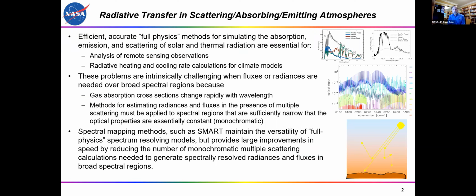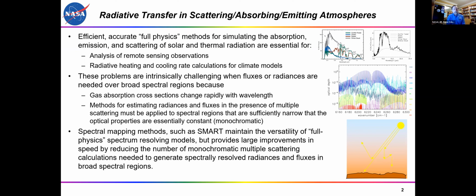That works for the planet you live on, and it also works on exoplanets around M-dwarf stars. It is a general purpose, full physics radiative transfer code designed to do one thing, which is generate radiances, fluxes, and heating rates.